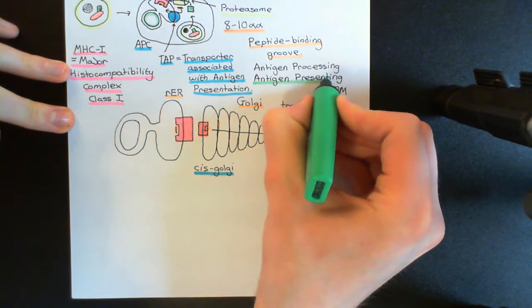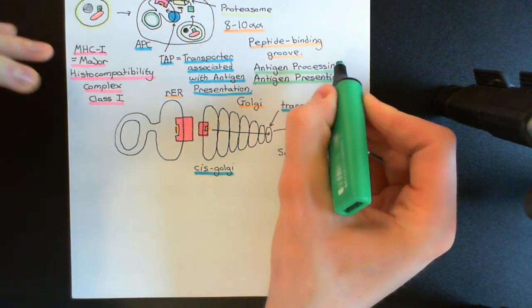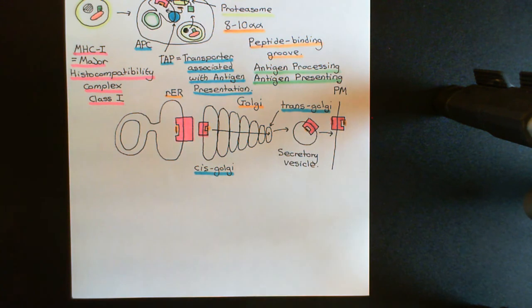Okay, and we've done it so far for the case of an intracellular pathogen. For the case of an intracellular pathogen, these peptide fragments need to be between 8 and 10 amino acids, and they're going to end up being presented on MHC class 1, and this is then going to activate a cell-mediated adaptive immune response. What I now want to go through is what's going to happen for an extracellular pathogen, because it's the same concept.